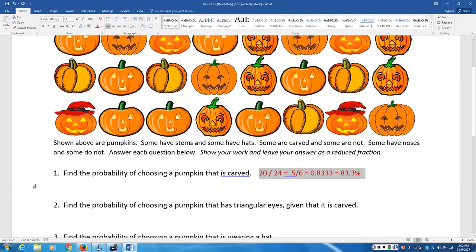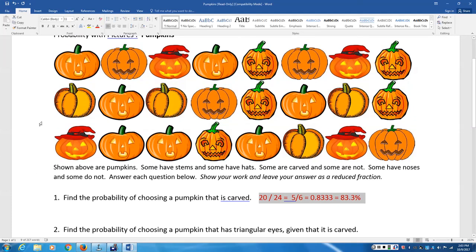Second one says find the probability of choosing a pumpkin that has triangular eyes given that it's carved. Triangular eyes given that it's carved. Now I'm going to ask you a question about that. Can it have triangular eyes if it's not carved? No, so does it, given that it's carved, really matter?